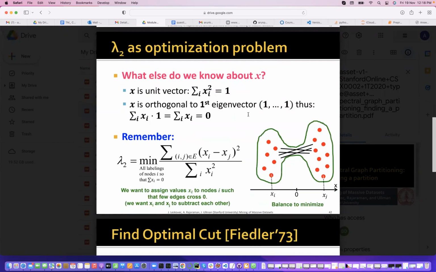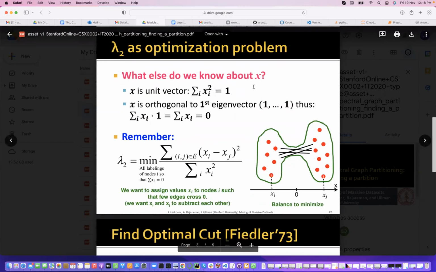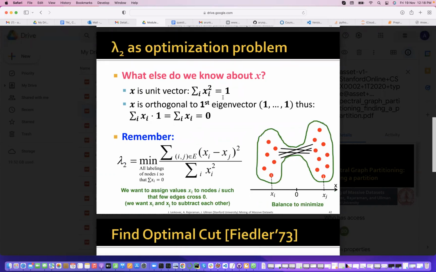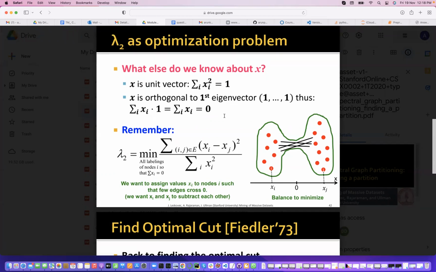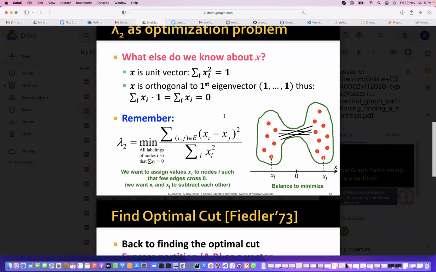So what else do we know about x? x is a unit vector, so the sum over i of xi square equals 1. Unit vector is nothing but you will have only ones in one place and the remaining things are zeros. So x is orthogonal to the first eigenvector 1, 1, 1.